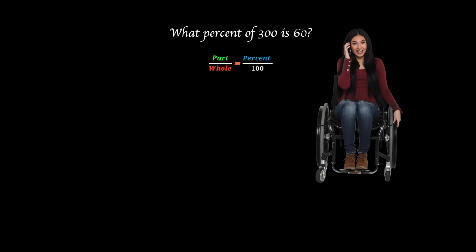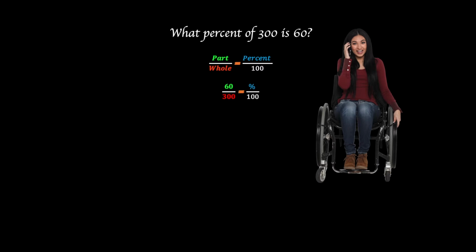And if we have any other number without the percent sign, that's the part. So in this case, 60 is the part, 300 is the whole. Now, in this problem, the percent is what's missing. So we're looking for the percent.